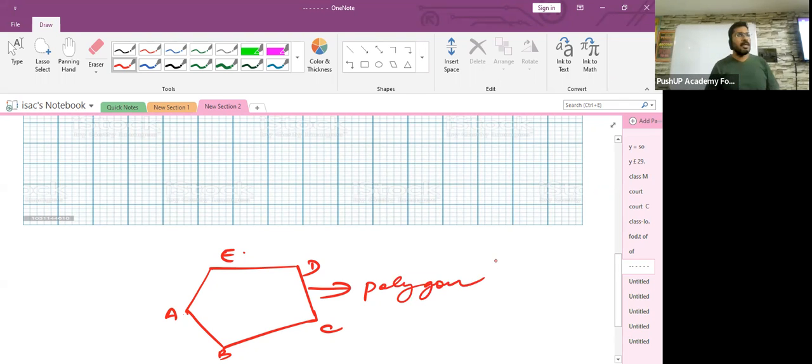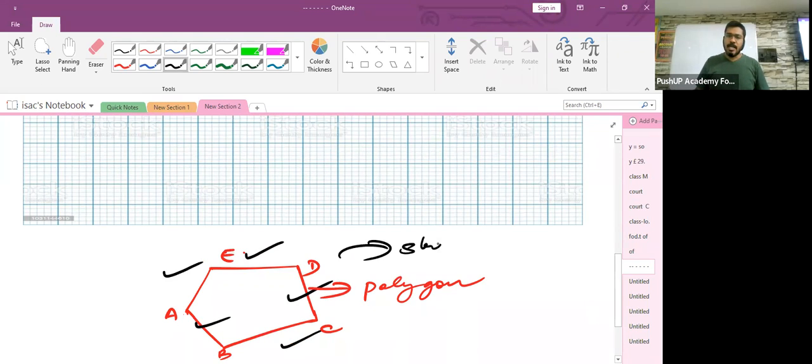You know what is the reason behind it? Because it is a closed figure, or a closed rectilinear figure which is made up of straight lines. Did you notice all the sides AB, BC, DC, ED, and AE all are straight lines? So these kind of closed rectilinear figures made up of straight lines are known as polygons. This is something which we have learned in the chapter named rectilinear figures. I hope you all remember it.